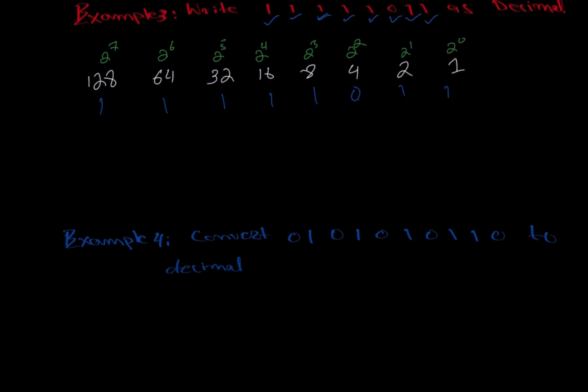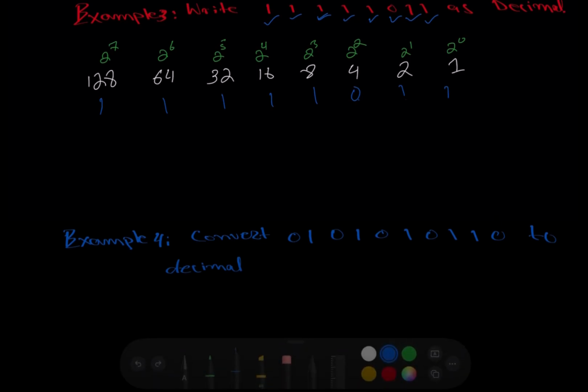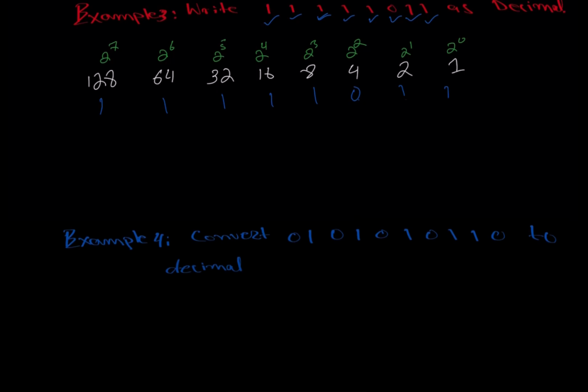Okay, the next step is to find out where your ones are. You can add those numbers. The first number is right there, so it'll be 128. Let's use another color here. 128 plus, where's the next one? Right there in the 64 column. Now the next number is at 32.